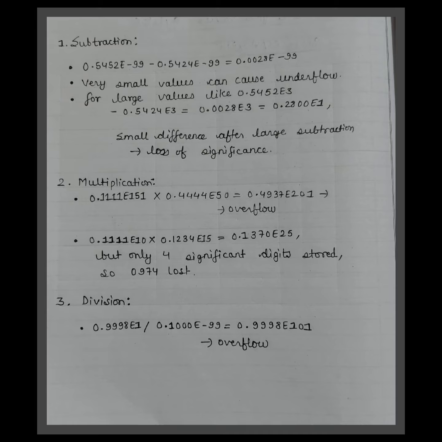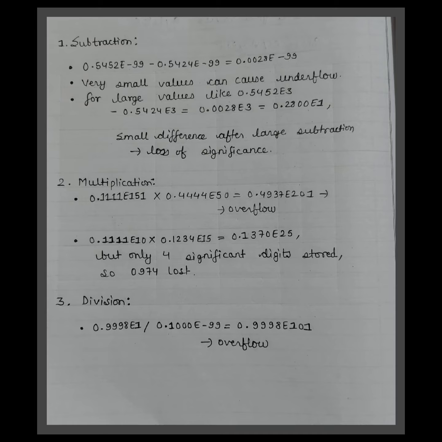Moving forward to multiplication, we get 0.1111 E151 times 0.4444 E50 equals 0.4937 E201. That results in overflow.